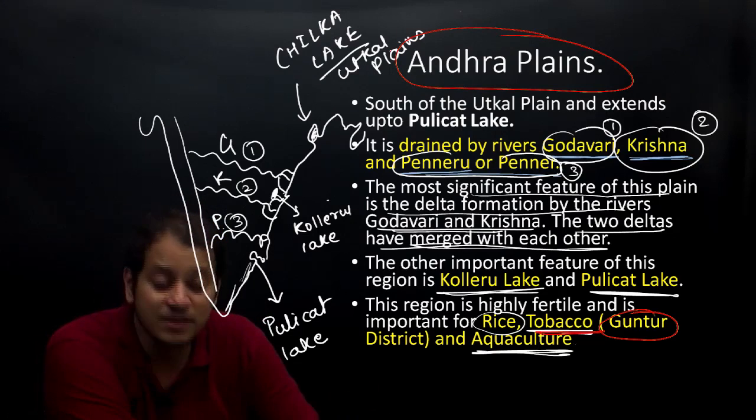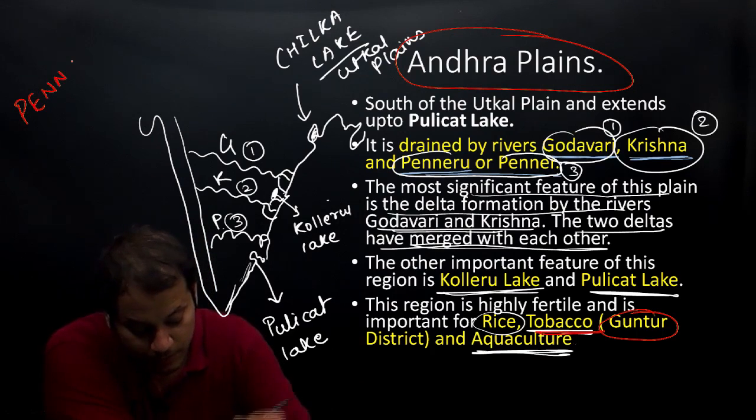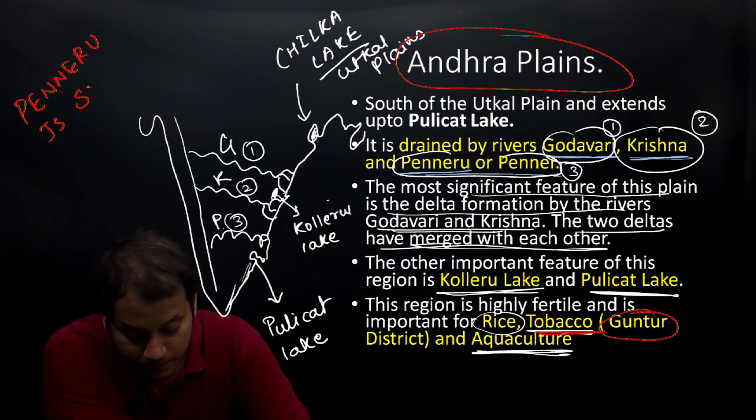Again, Andhra Plains are drained by Godavari, Krishna and Penneru river. Remember, Penneru is a small independent east flowing river.